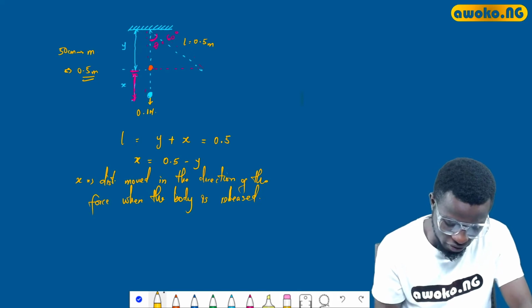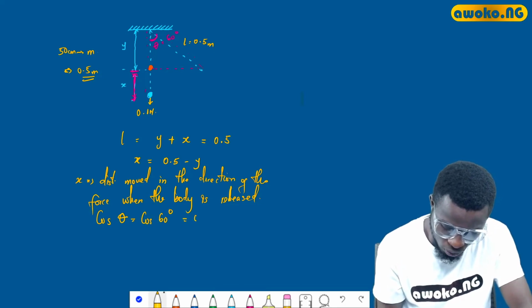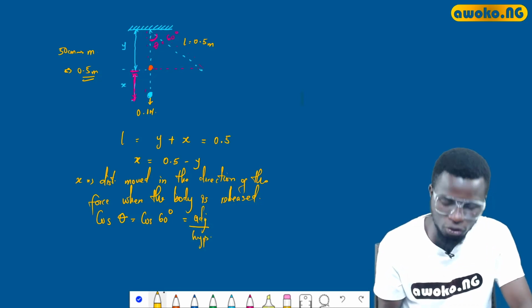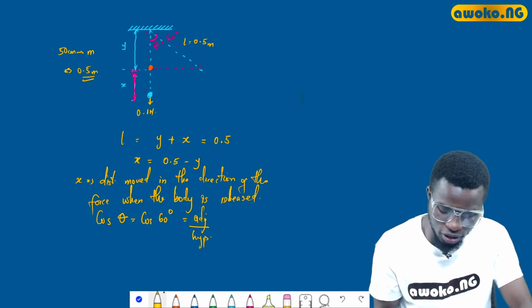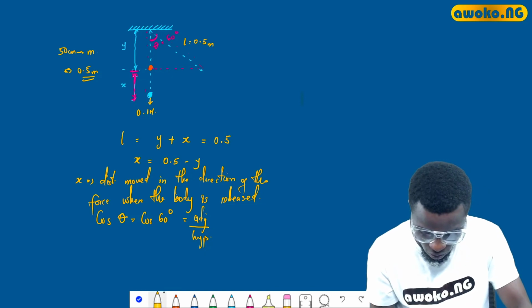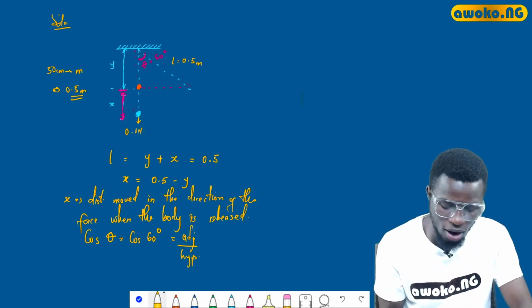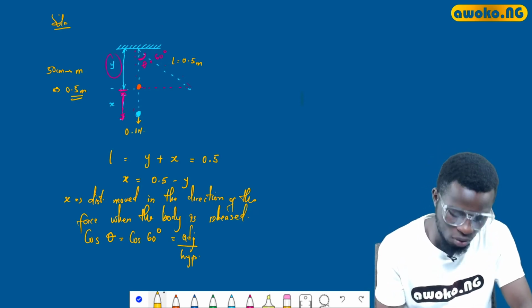And if we do that, we have that cos theta, which is equal to cos 60 degrees, is equal to adjacent all over our hypotenuse from trigonometric functions or ratios. So cos theta equals adjacent. From this particular diagram, what is our adjacent? Of course, our adjacent is represented by y.